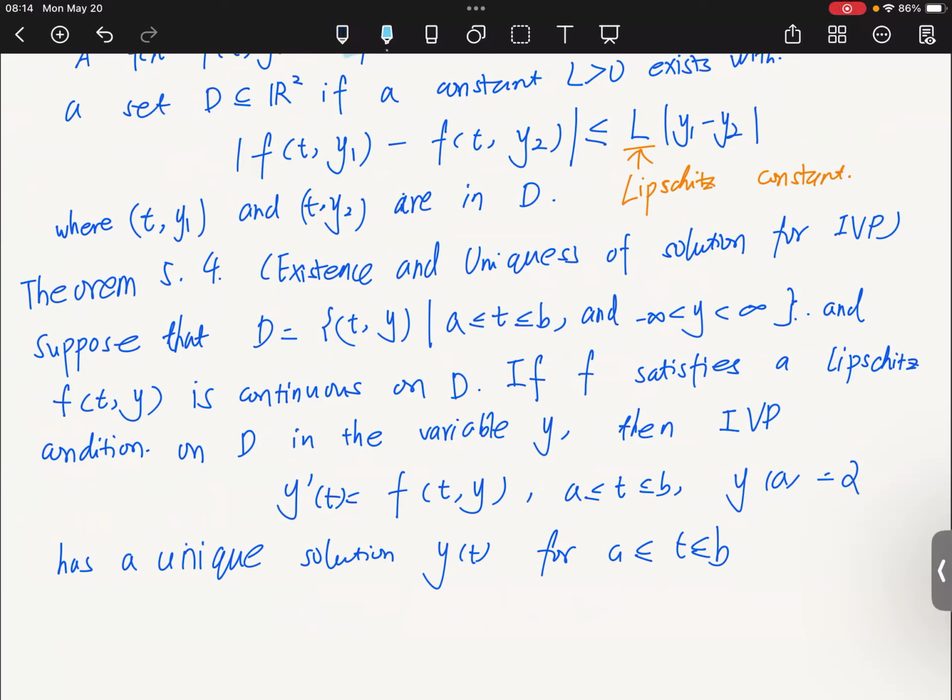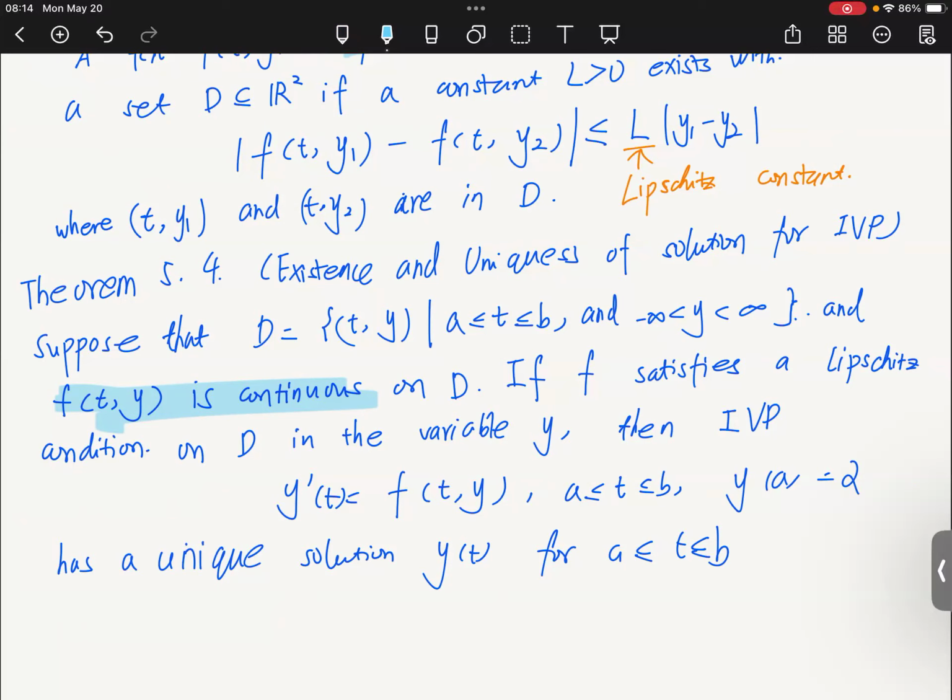So as you can see here, we have several assumptions. All the assumptions are very important in the part for the f function. First, f is continuous, which means that it's continuous in terms of the t variable and continuous in terms of the y variable.